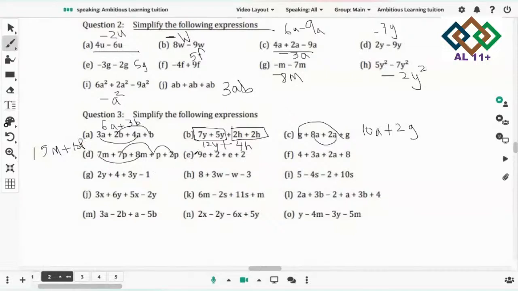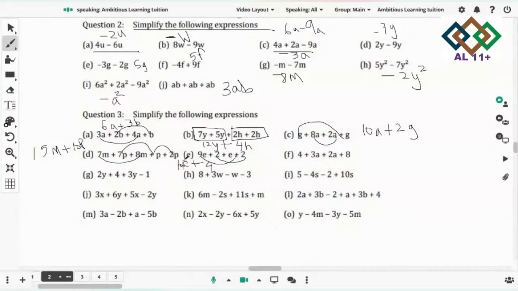Now we are on E. For E, you will do the same thing. So 9 plus E is 10E plus 4.